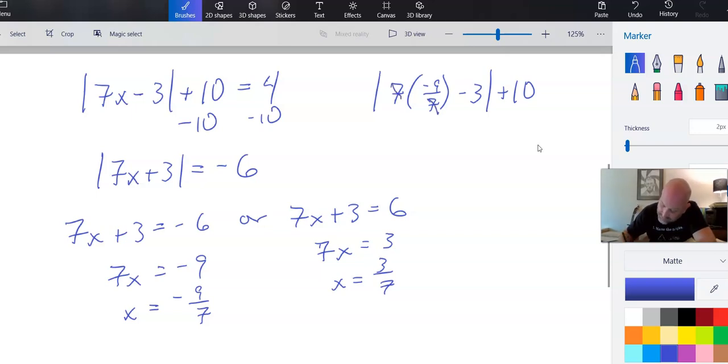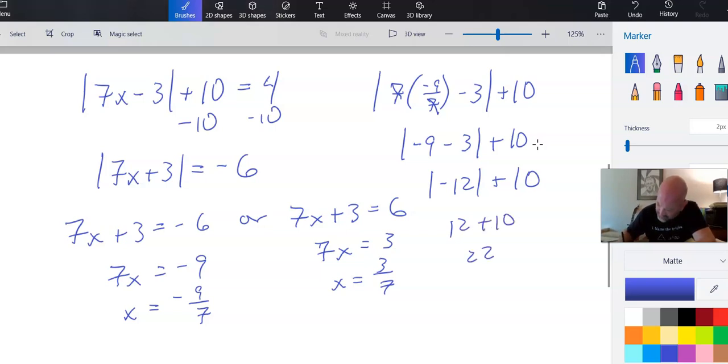So these cancel, and I get the absolute value of negative 9 minus 3, and then I'm adding that to 10, and that gives me the absolute value of negative 12 plus 10. That means 12 plus 10. That's 22. It's supposed to be 4. So we ask ourselves, what went wrong here? What did I do wrong?